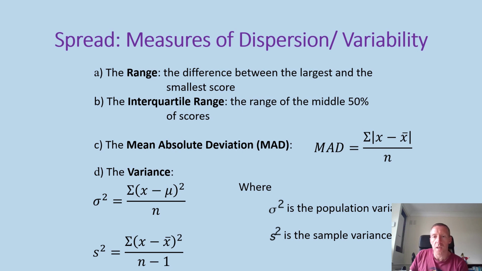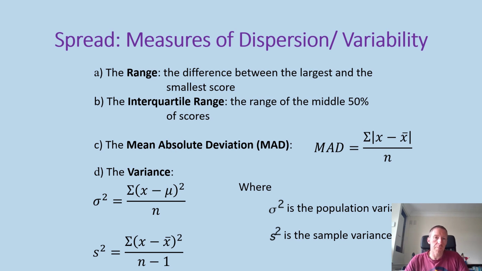To give you an example, if the score was 4 and the mean was 6, that would be 4 minus 6, which is negative 2. The absolute value of negative 2 is just 2. If the score was 8 and the mean was 6, that would be 8 minus 6, which is 2, the absolute value of which is still 2. So essentially, when you're working with absolute values, you're ignoring negatives. You're just looking at how far from 0 it is.